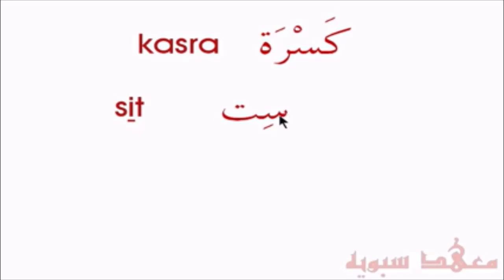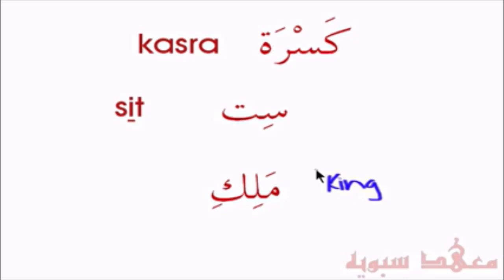You have the sin with the kasra, si, and that's the ta. So sit. For example, we have the following word. It's ma, that's a fatha, and then the lam, li, and then the kaf, ki. So maliki. Malik means king.